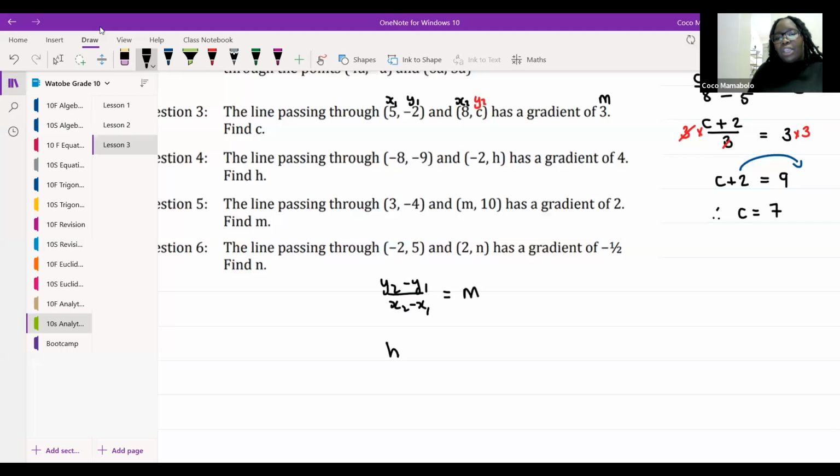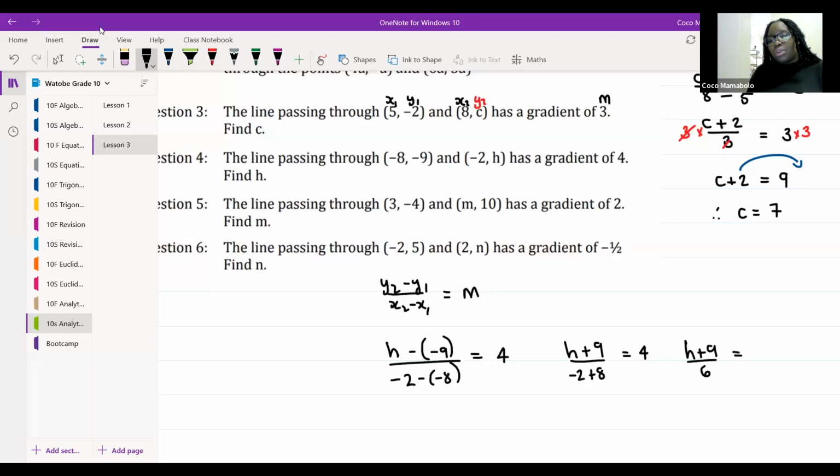I'm going to get h minus -9 over -2 minus -8 is equal to 4. Let's clean it up. We're going to get h plus 9 over -2 plus 8 is equal to 4. All right, so h plus 9 over 6 is equal to 4.